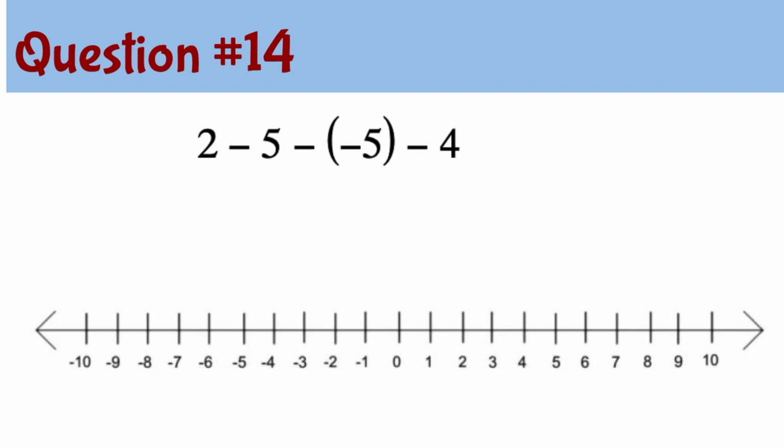Question number 14. 2 minus 5 minus negative 5 minus 4. For this question, we're starting with positive 2. And from positive 2, we're subtracting 5. So this means moving 5 units to the left. 1, 2, 3, 4, 5, which is now at negative 3. From negative 3, we're subtracting negative 5.